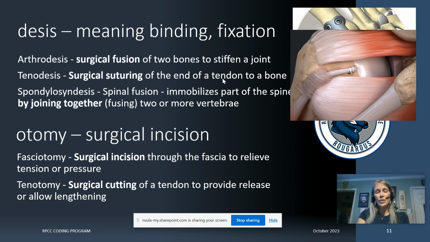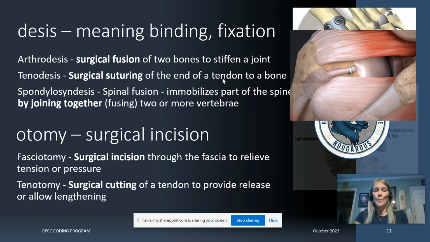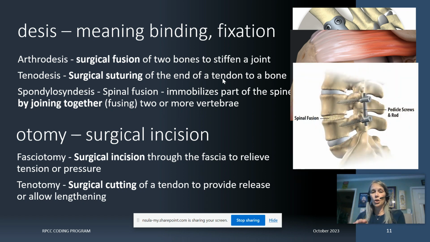Your spondylodesis is spinal fusion, where you're immobilizing part of the spine by binding it together, fusing two or more vertebrae together. And see in this picture, it's depicting that cementing solution of fusing your spine together.